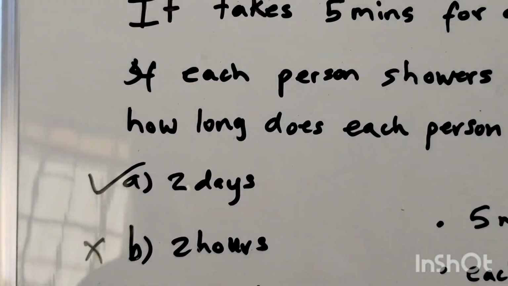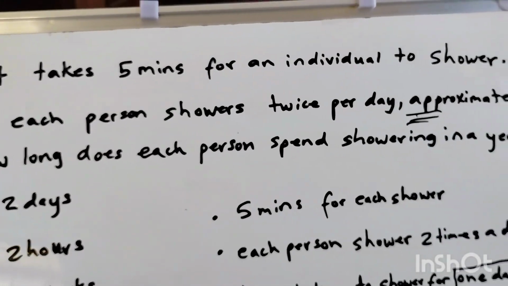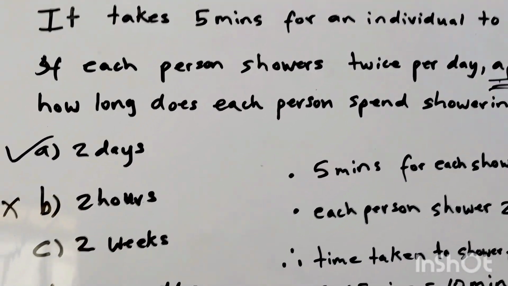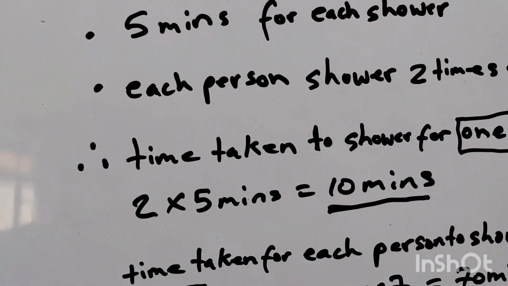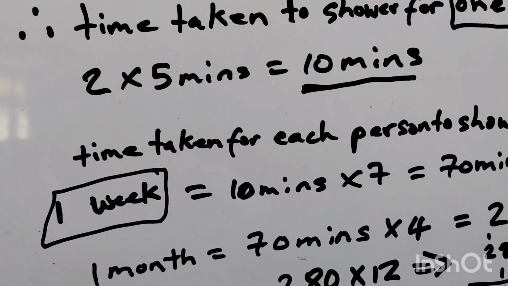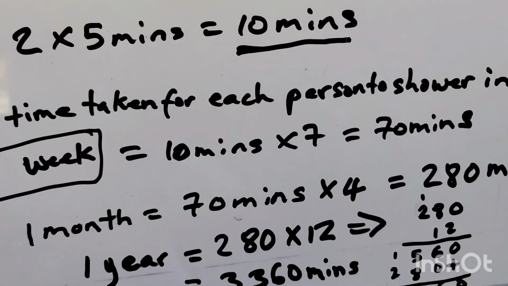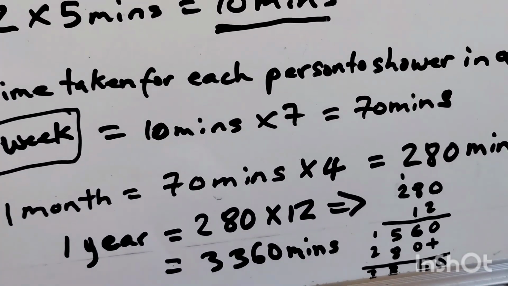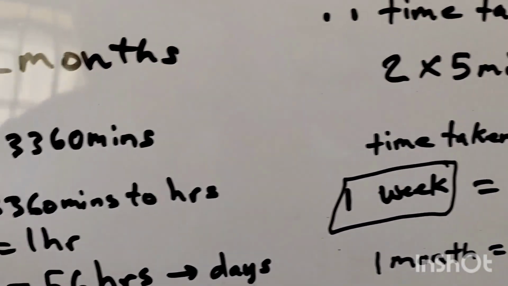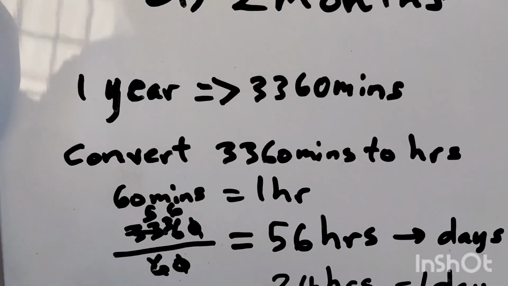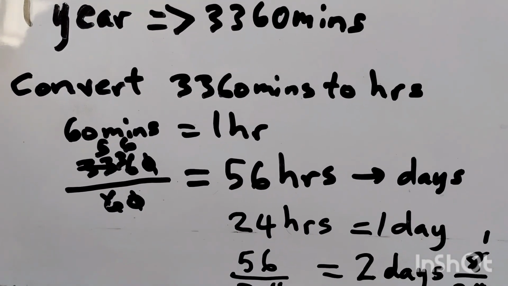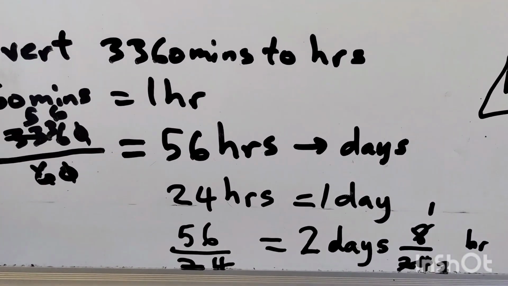And 1/3 hour would be 20 minutes. So remember, the question above had said approximately. So it is approximately 2 days, because if you realize the 1/3 hour wouldn't add up to give you any days. So you would get 2 days.